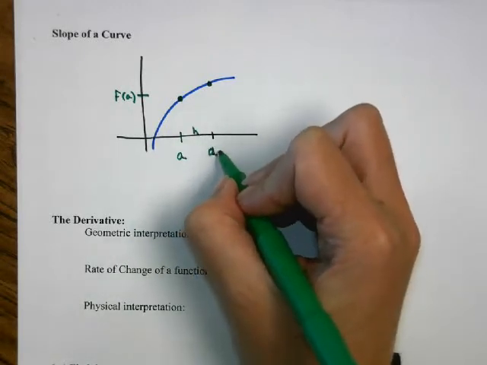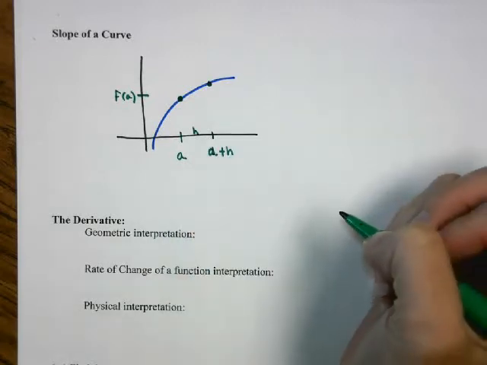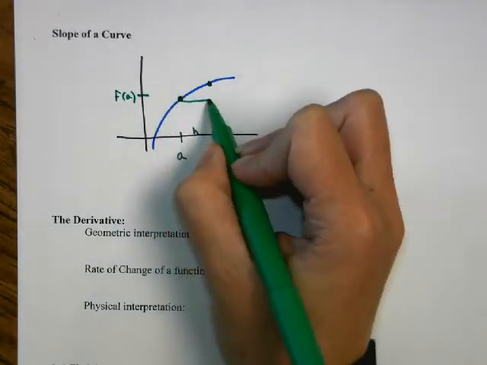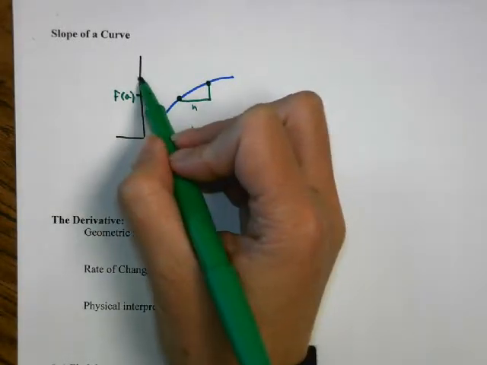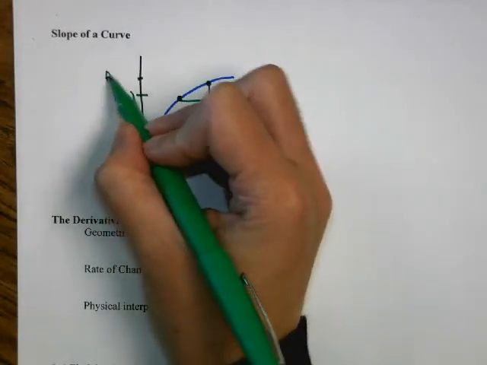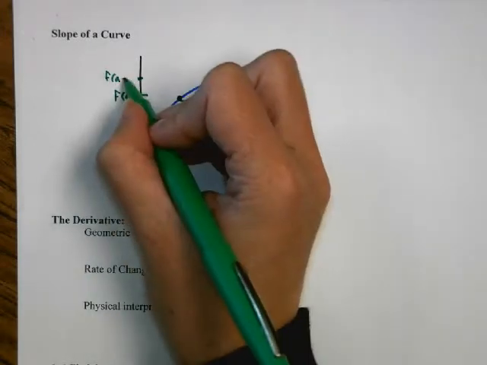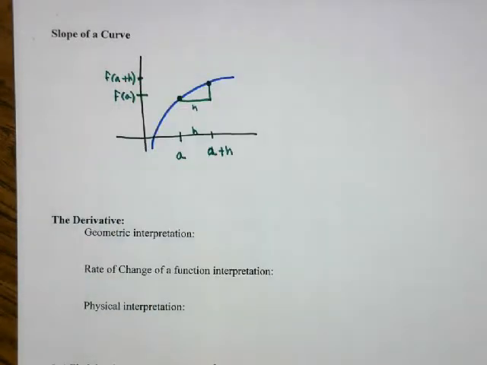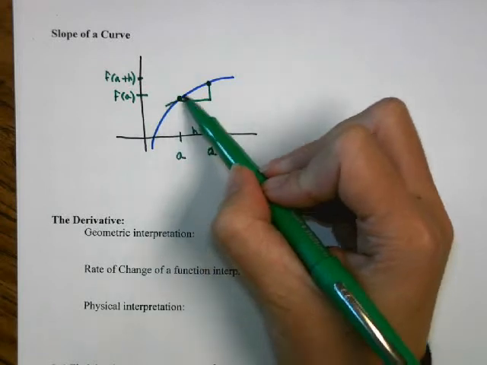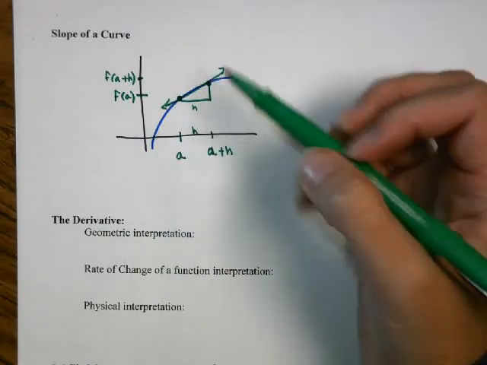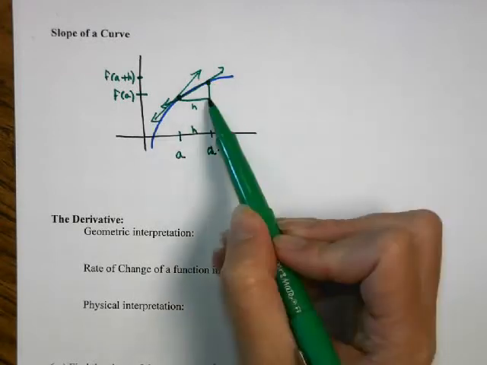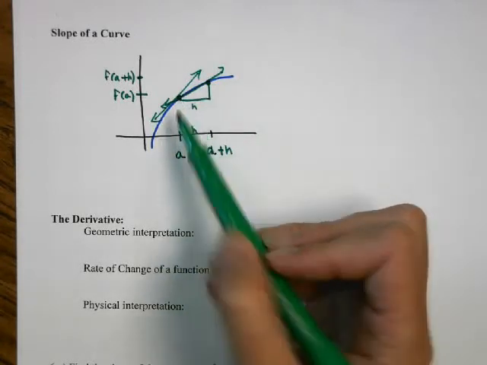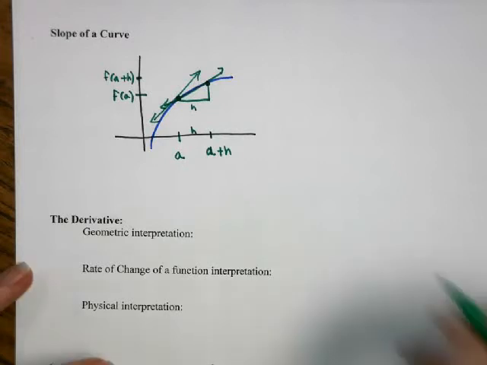So this is going to be A plus whatever that h is, that distance h. So this point is going to be f of A plus h. That would be the slope of this line. And what I want to do is make it so that h is 0. So we're going to use limits to do that.